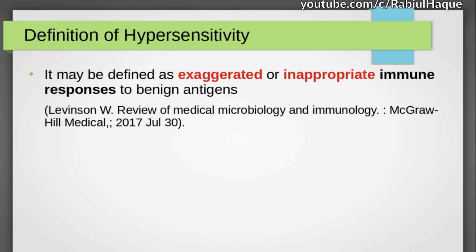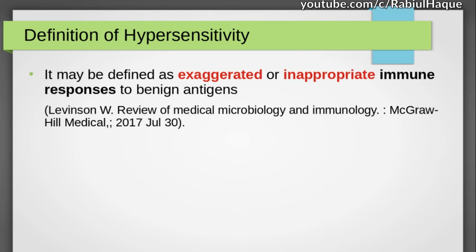Now, what do we mean by this term, benign antigen? This is in fact referring to certain exogenous and endogenous antigens that are normally harmless. For example, exogenous antigens like antigens that are present in dust, pollen, drugs, foods, microbes, chemicals. Normally, these harmless antigens will not result in hypersensitivity reaction.